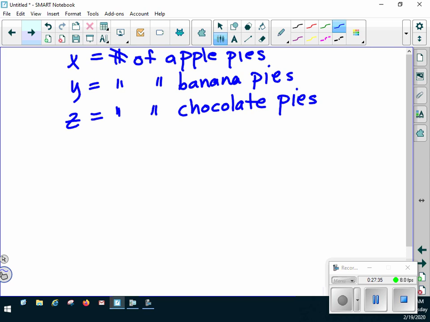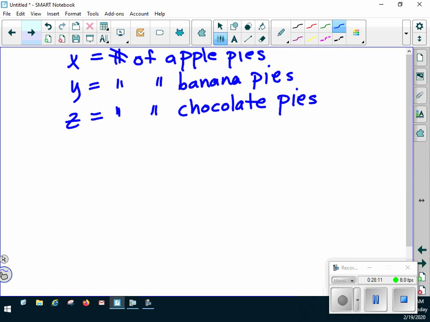Here we go. We're going to start at the top. She wants to buy pies for her sisters. She has $82 to spend on apple pies that cost $5, banana pies that cost $4.50, chocolate pies that cost $5.50. Stop. Can we write an equation?